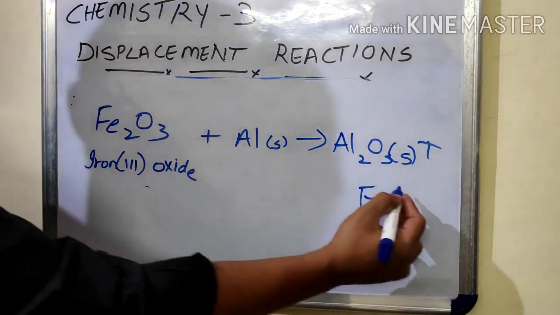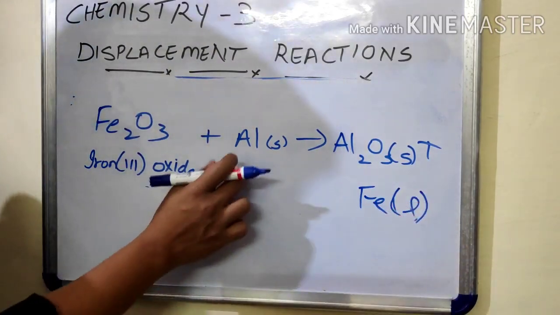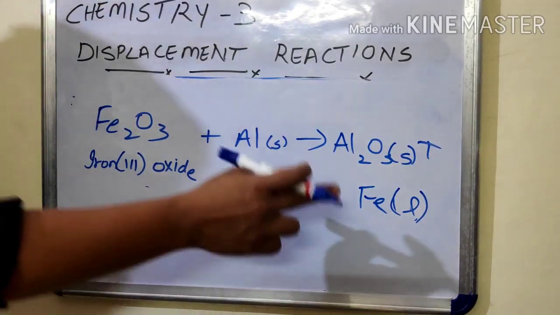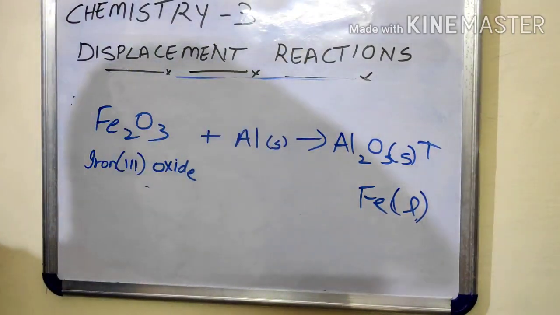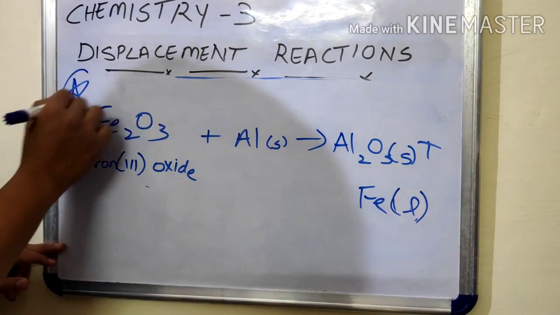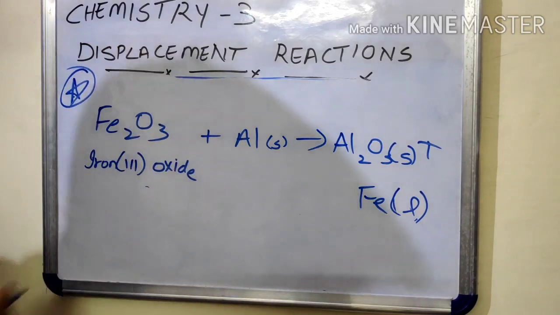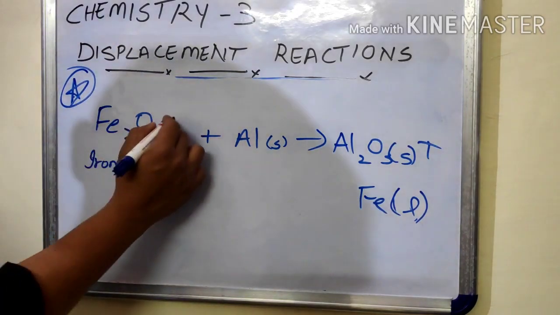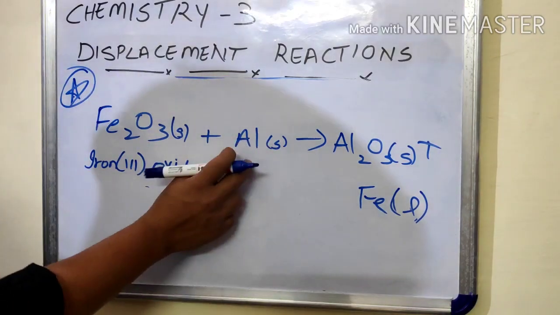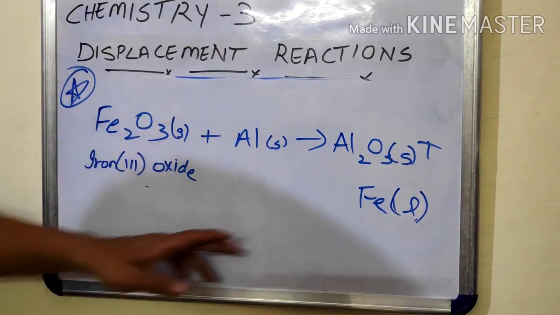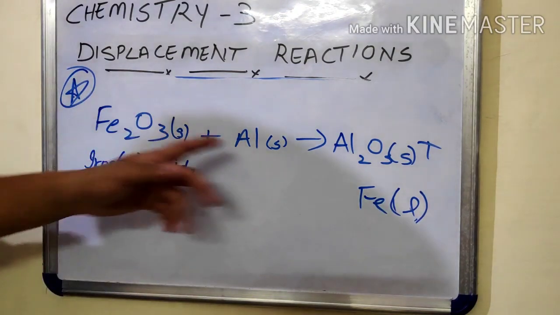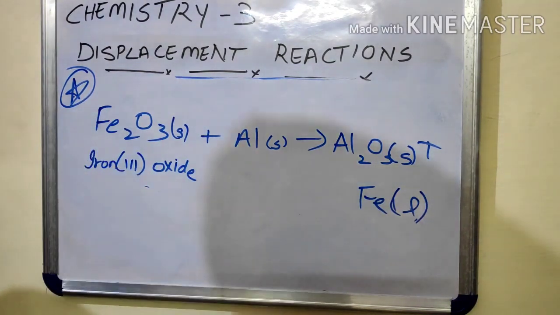You get iron as liquid. This reaction happens under a very high temperature. So you get a molten state of Fe. So that exists as pure liquid. Okay. And aluminium oxide exists as solid. This is an important example which you can study. Fe2O3 was your solid here. And your aluminium was also a solid here. This reaction happens under very high temperature. And that is why you see a molten state of iron.